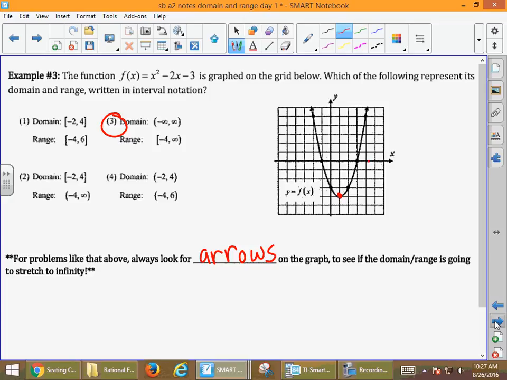That's the smallest y value, which is -4, and that was an option in all 4 of our choices. But once we know that, everything after that is going to be above the value -4. And because of the arrows, it's going to continue on forever and ever. -4 is part of the graph, so we need to have a bracket. But again, the arrows indicate that we're going to stretch to infinity.